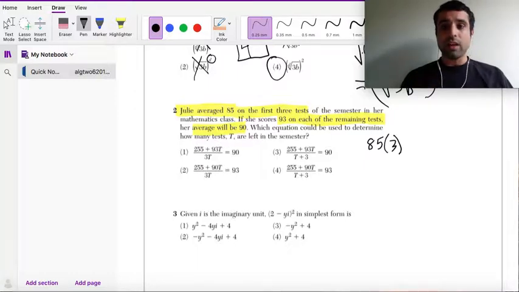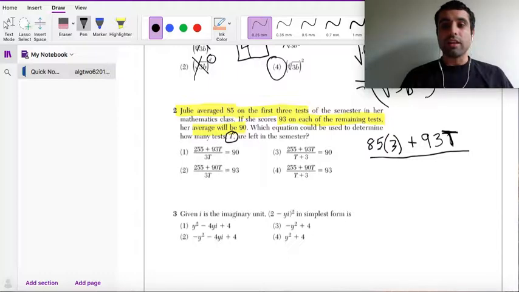Then she scored 93 on each of the remaining tests, and t is the number of tests remaining, so we multiply 93 by t. For example, if it's one test, 93 times 1 is 93. If there were 2 exams, the sum will be 93 times 2. So if it's t, it's 93t.